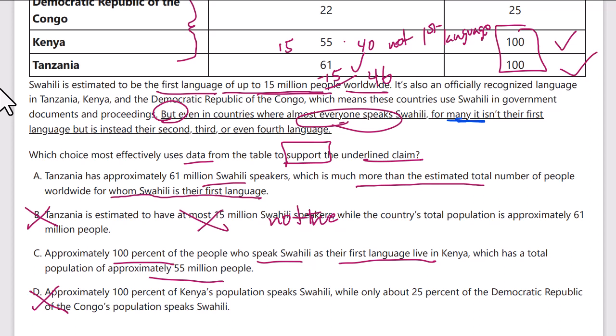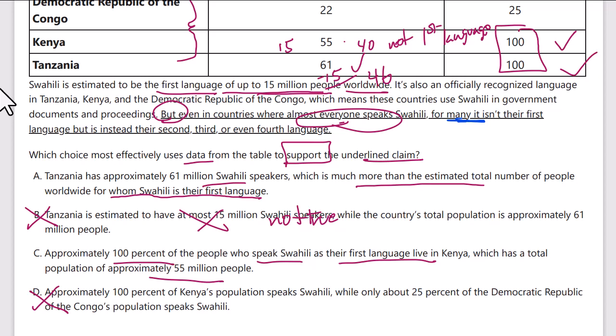C says approximately 100% of the people who speak Swahili as their first language live in Kenya. Well, we don't have to have all of them living in Kenya, which has a total of 55 million.